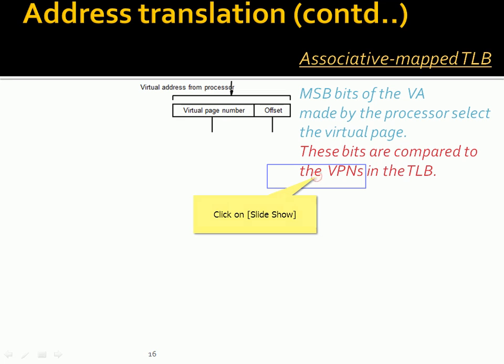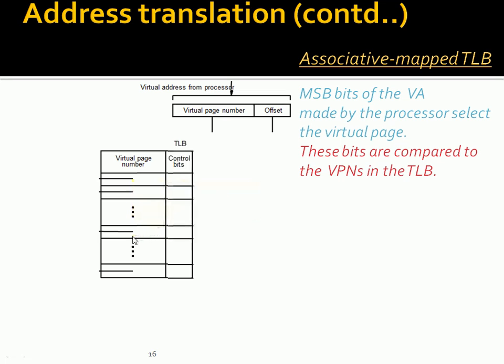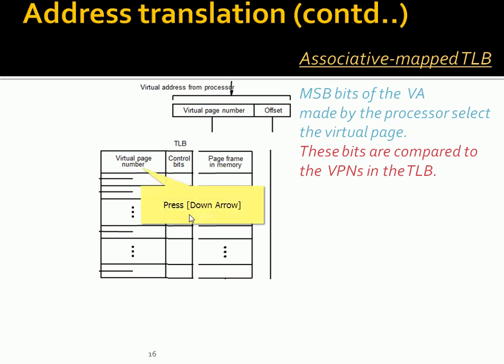Then the virtual page number will be sent by the processor. The layout has the virtual page number, the control bits, and the page frame in memory. So this is a complete translation lookaside buffer.